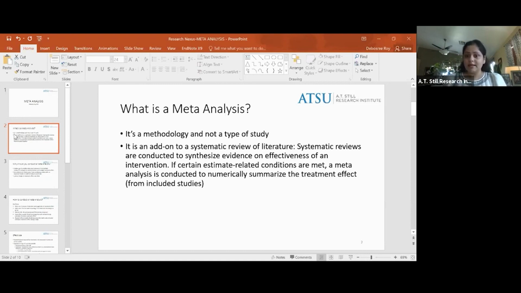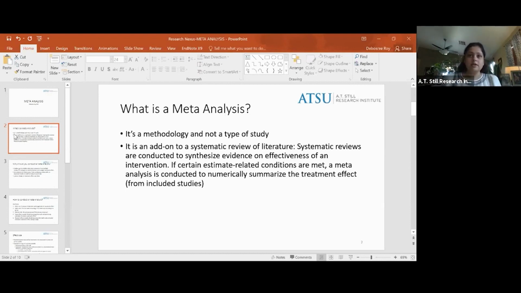Meta-analysis in itself is not a study. It is actually a statistical method. So here we are previewing this method with the assumption that we know what goes into conducting a systematic review.